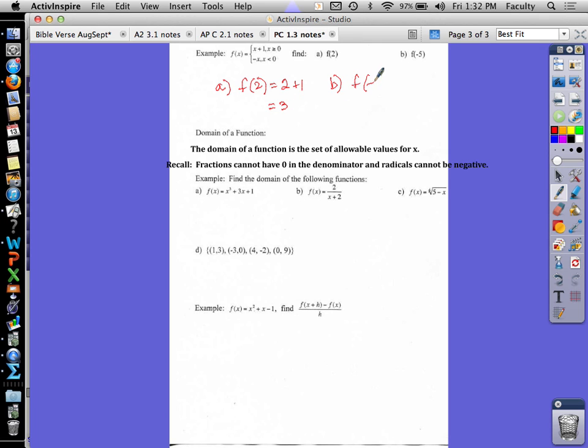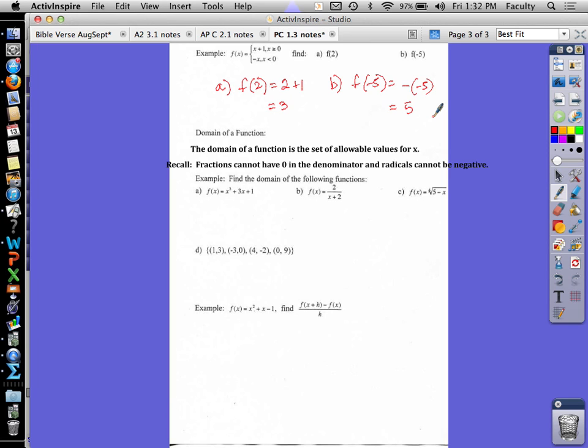In part B, f of negative 5, I can't plug that in the top row. I have to go to the bottom row, and it's the opposite of negative 5. So it's 5. Does that make sense? That when you work with a piecewise function, there's only one row you can plug into where you're going to have an allowable value.